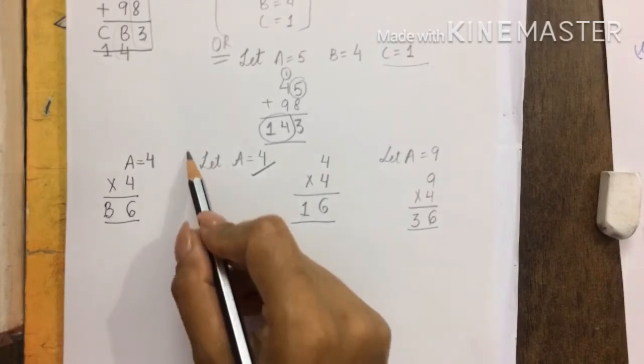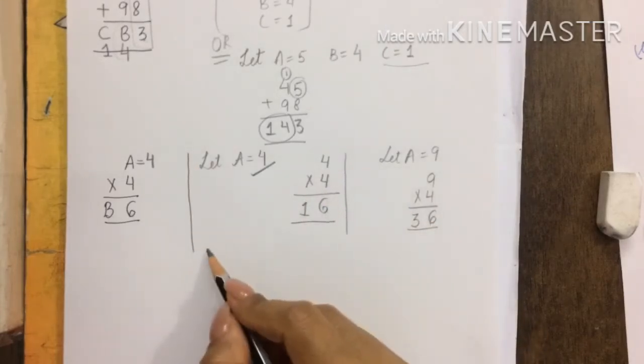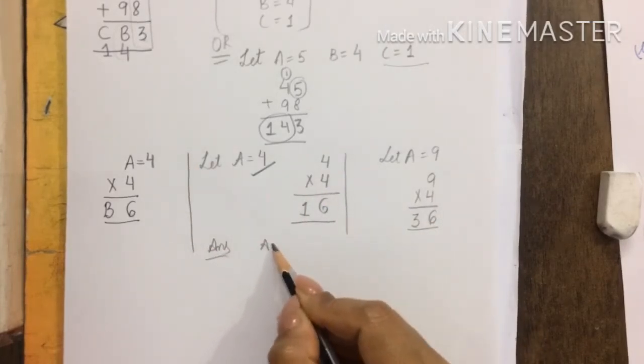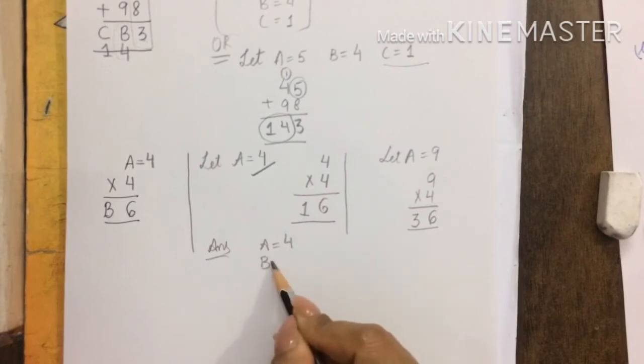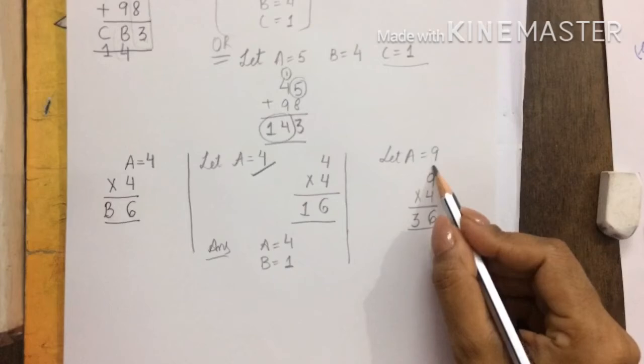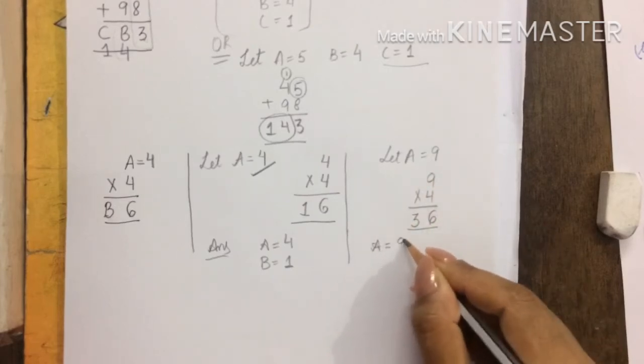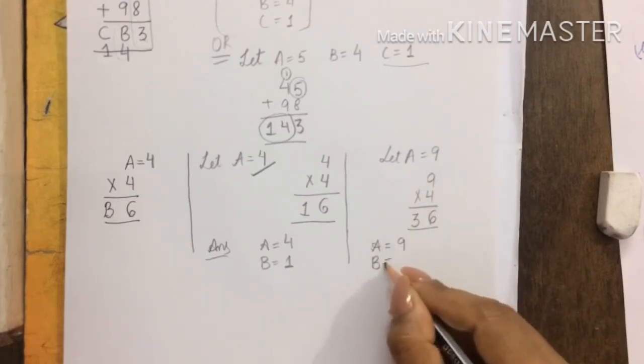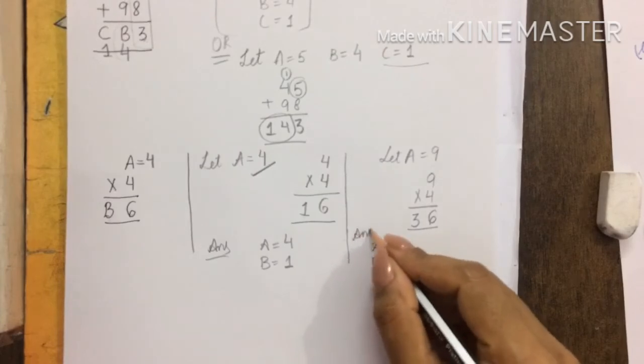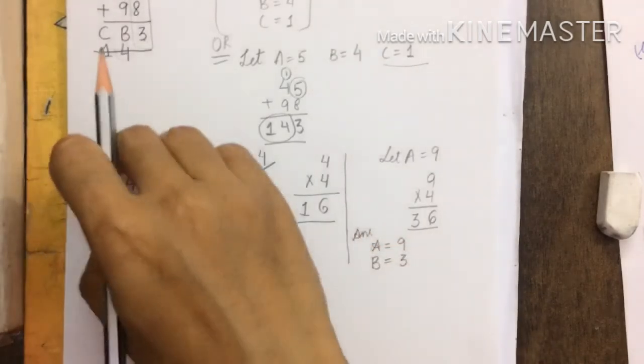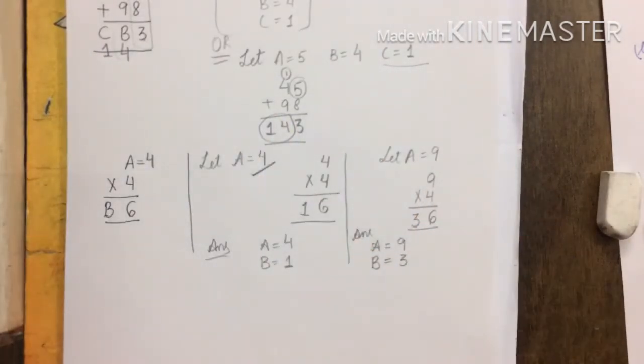So according to this, A equals 4 and B equals 1. And according to my other choice, the possible values are A as 9 and B as 3. So there are two possible answers for the same problem. This is a situation which you need to keep in mind in case of multiplication.